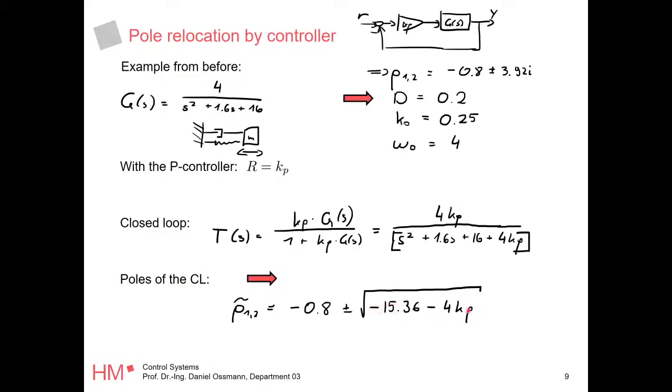If this guy is always going to be negative, there will always be a complex solution of this one, right? Because for positive Kp, we cannot get the square root positive. That's why we're always going to end up with a complex solution. And what does that mean? If this square root is always going to be a complex solution, we will always oscillate. Okay?